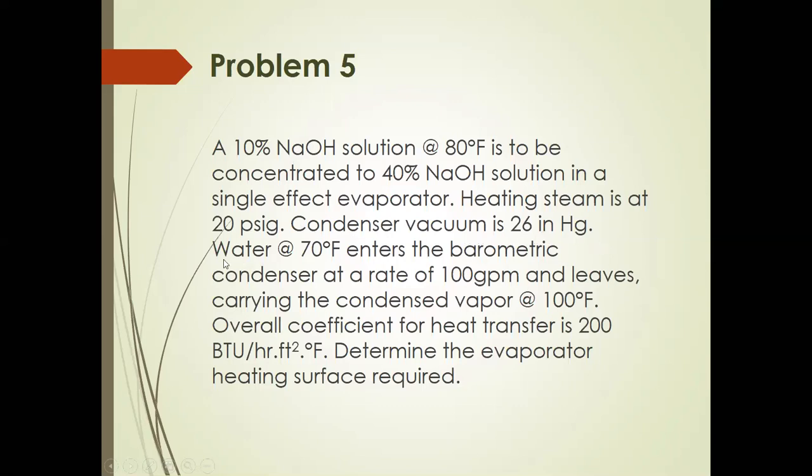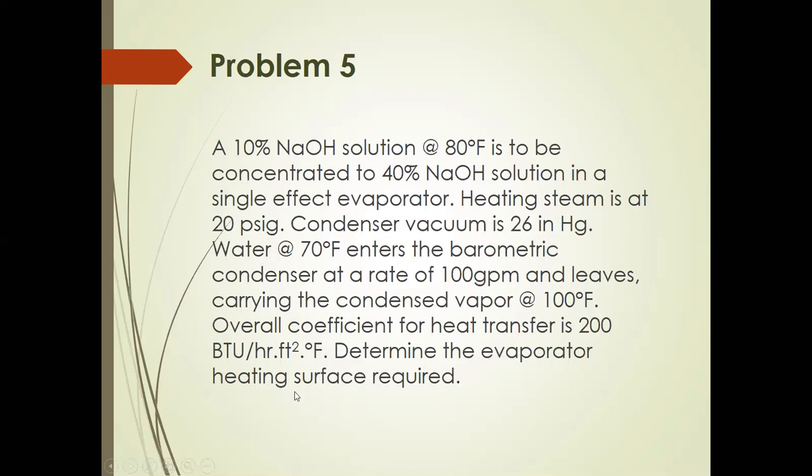So you are given here water at 70 degrees Fahrenheit entering the barometric condenser at a rate of 100 gallons per minute and leaving at this particular temperature. You're given the U and you are to determine the area.